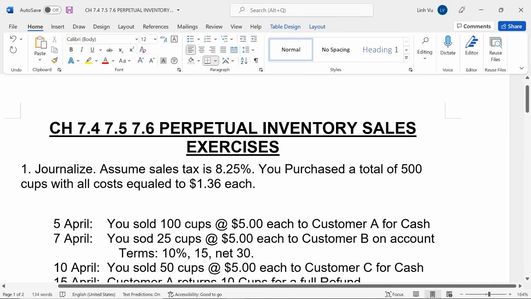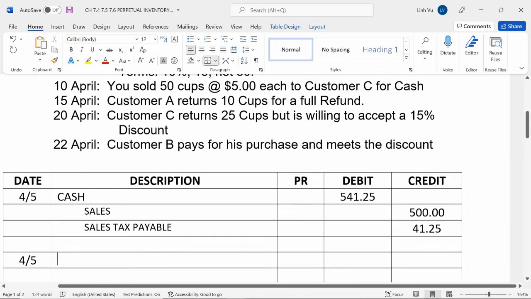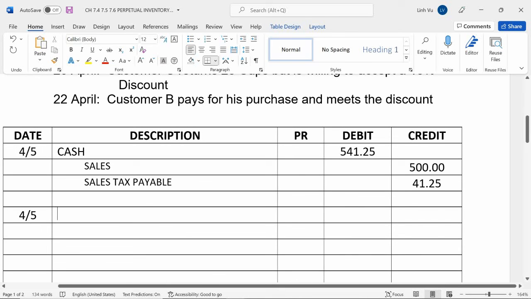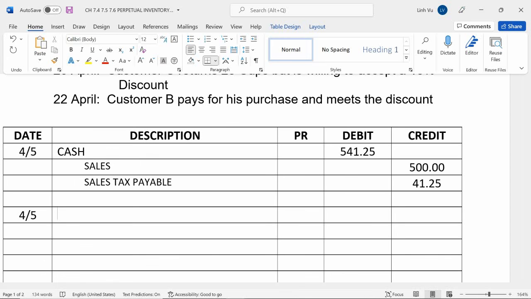So what does that mean? What do I have to do? You need to adjust your inventory. Yes. And how do I do that?